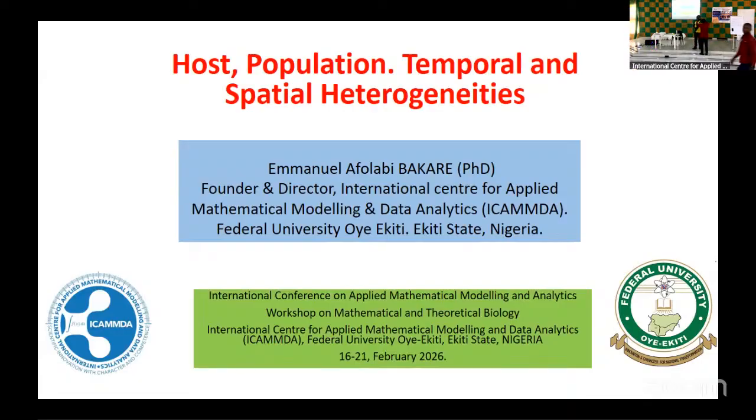So I'm going to start from where we stopped yesterday, where we are looking at the heterogeneity that exists in epidemiological models, given that you develop a model that captured the system as if everybody in the population has the same characteristics.